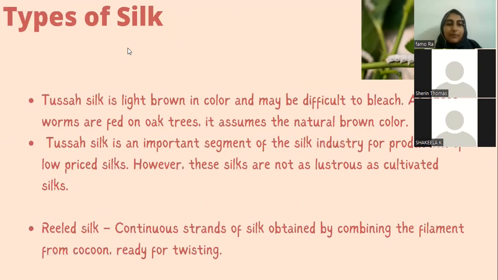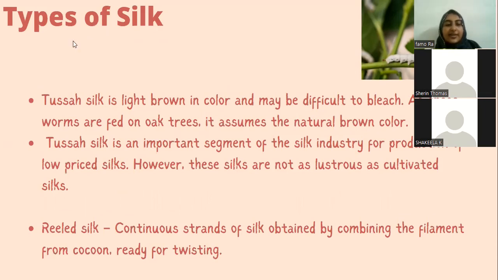Now the next is tussar silk, or tussah. Both spellings can be used. It is light brown in color and may be difficult to bleach. It is a little tough, as these worms are fed on oak trees. That is why they have this natural brown color.